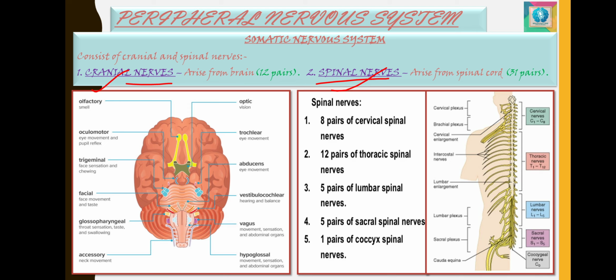Second is the thoracic spinal nerves, present in the thoracic region and 12 pairs in number. Third is the lumbar spinal nerves present in the abdomen, again 5 pairs. Fourth is the sacral spinal nerves, present in the hip region, also 5 pairs. And the last one is the coccygeal spinal nerve, present in the tail region, and it is 1 pair only.